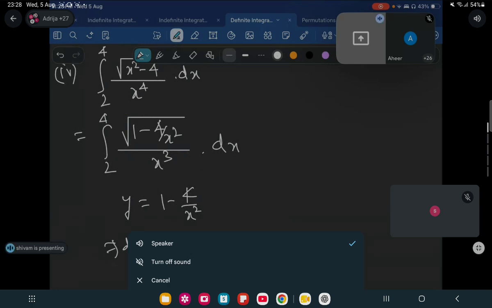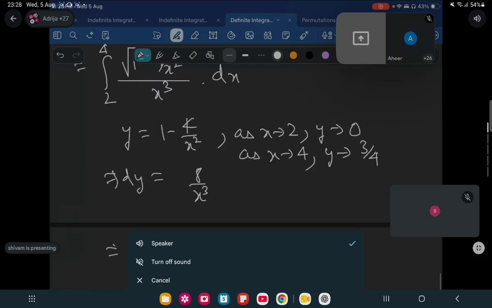Let us see what will happen with the limits. As x tends to 2, y tends to 0. And as x tends to 4, y tends to 1 minus 4 by 16, so that is 3 by 4.